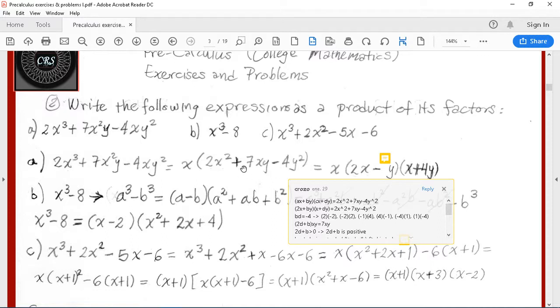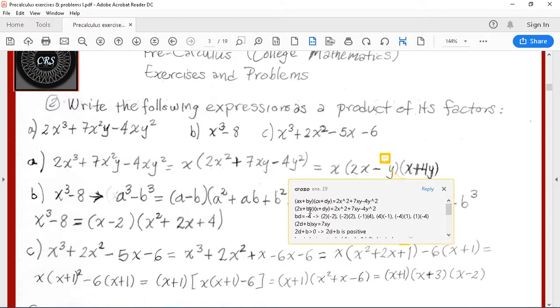So our choices are 1 and minus 4, or minus 1 and 4. Now, since the 7 is positive, if you multiply 4 times 2, that will give you 8. Which means that if you want to get 7, you would have to have 2 and minus 1. So the best choice is to have 2x minus y and x plus 4y.